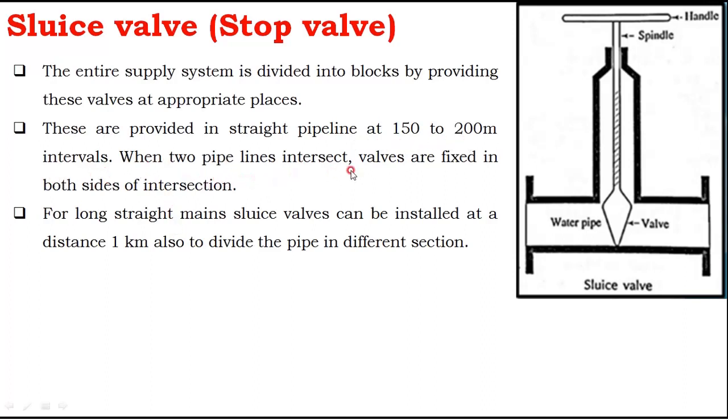When two pipelines intersect, valves are fixed on both sides of the intersection. If any pipeline is intersected like this, then at the junction also you can provide these valves.